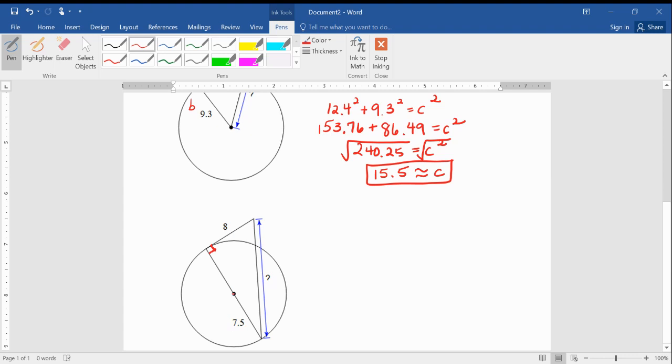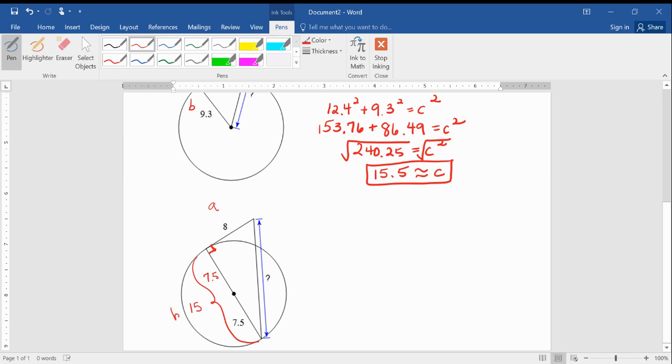So remember, what is the distance from the center to the circle? That's your radius, right? So that means that the distance from this point, same point, the center, to this point should also be 7.5. If we're going to do Pythagorean theorem, we need to know the length of this entire piece of the circle. So your diameter is 15.